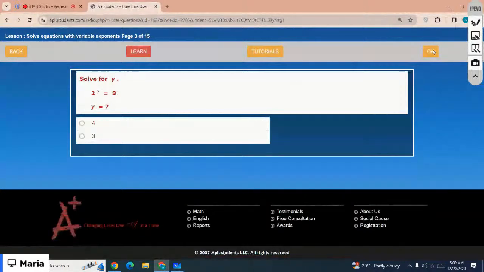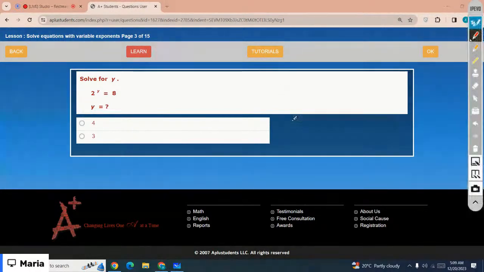Okay, solve for y. So how do we solve? You have 2 exponent y equals 8. Let's just write down 8 as a multiple of 2, right? That would be 2 times 2 is 4 and 4 times 2 is 8, right?